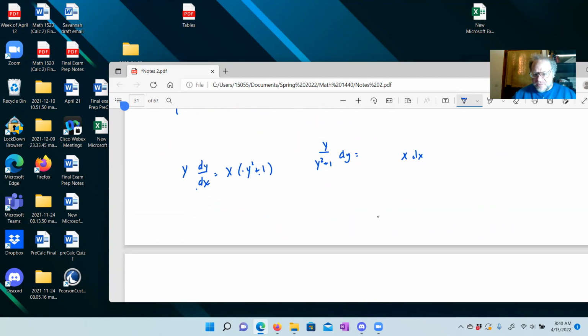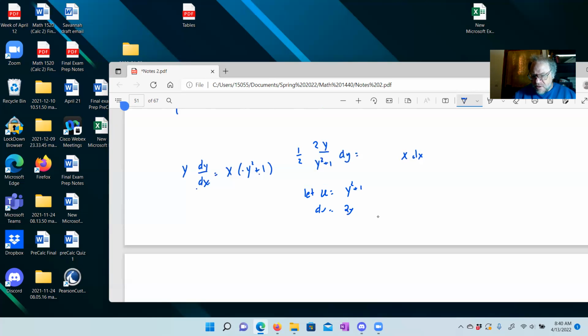So this is a u substitution, right? We're going to say let u equal y squared plus 1. du would be 2y. So if I put a 2 in here and a 1/2, this is now my du, and this is my u.